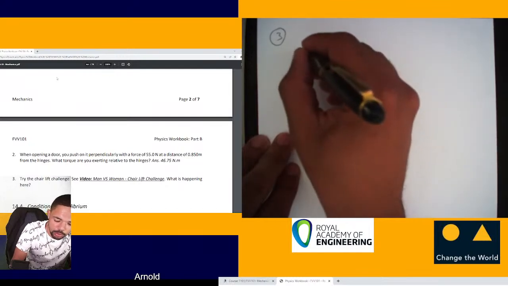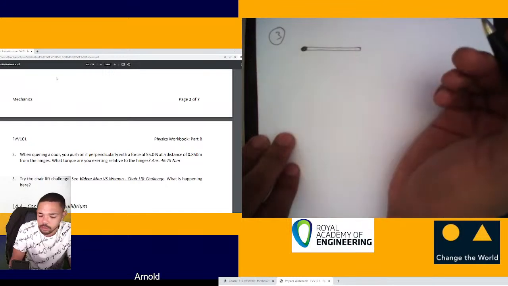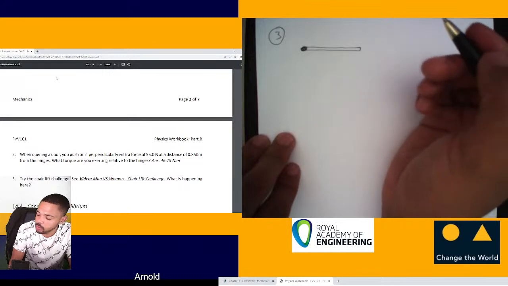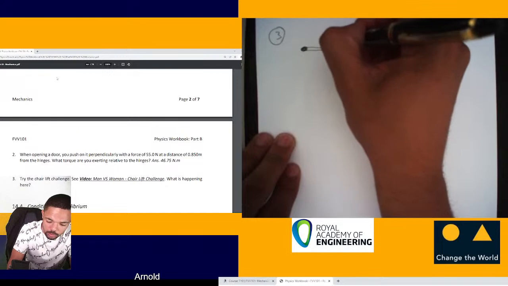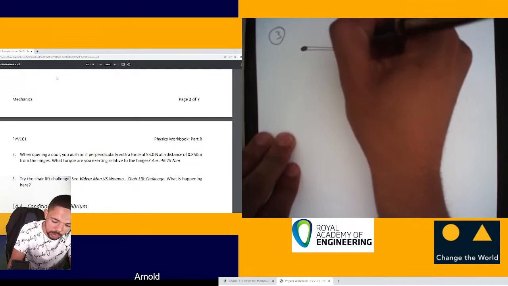This is some sort of beam attached to that pivot point. This is a force acting at that point at the end of this beam.